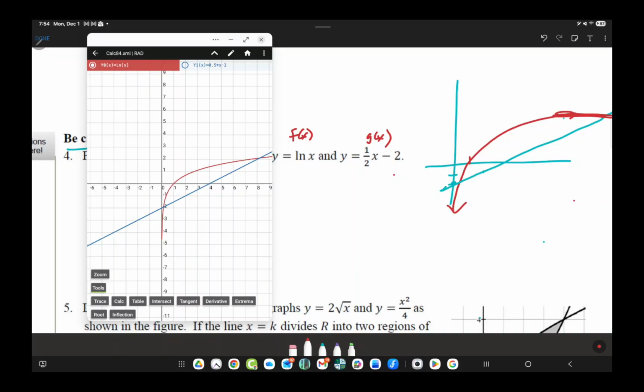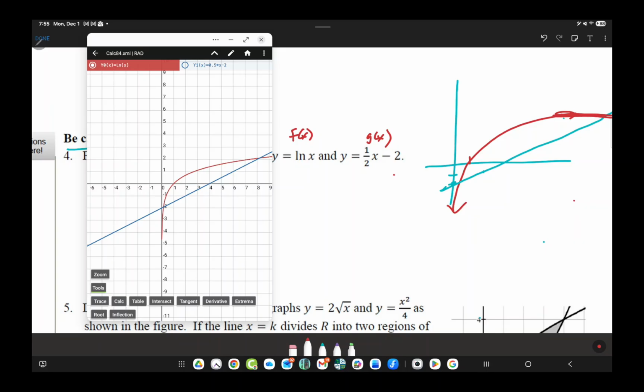Now, you all know how to find where points intersect on your graph, right? On my calculator, unfortunately, I don't have the buttons that you have. You are going to press second calc or second trace and go to 5 where it says intersect. You choose first function, choose second function.